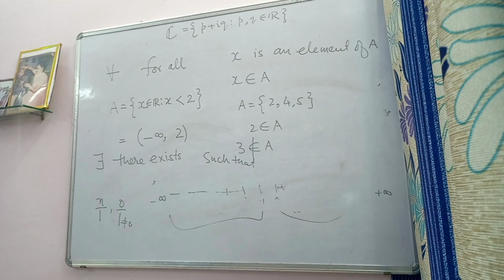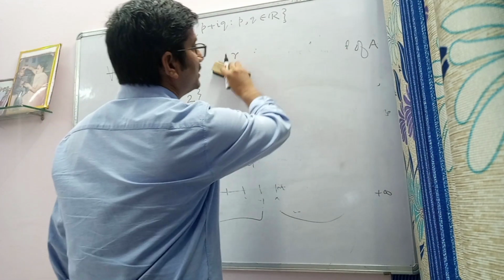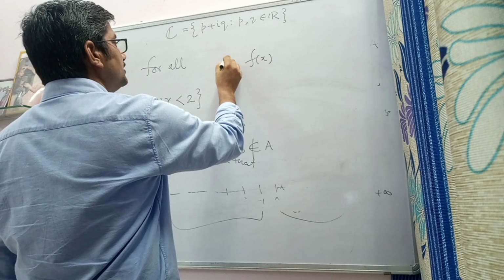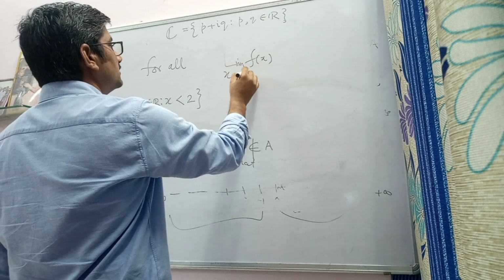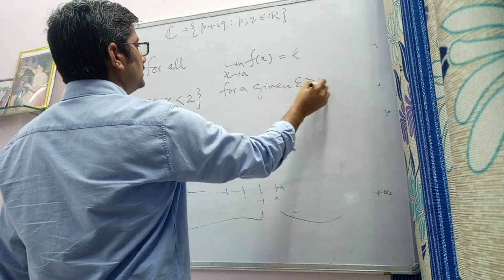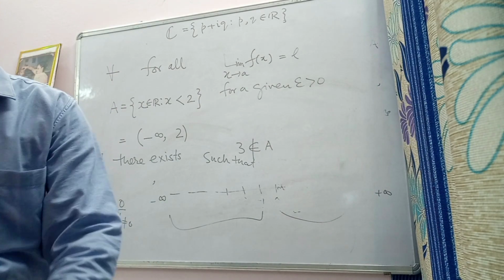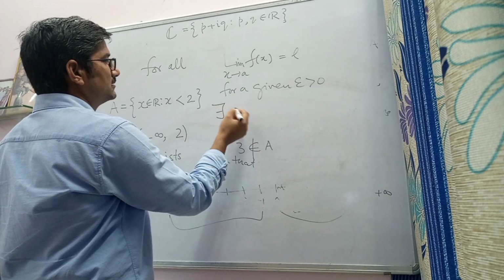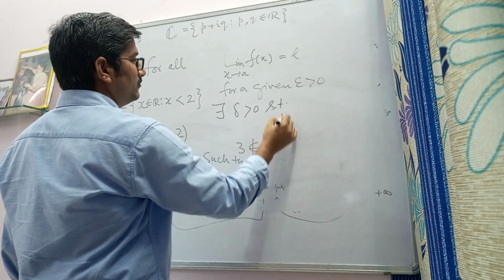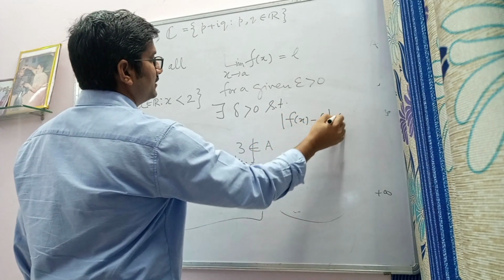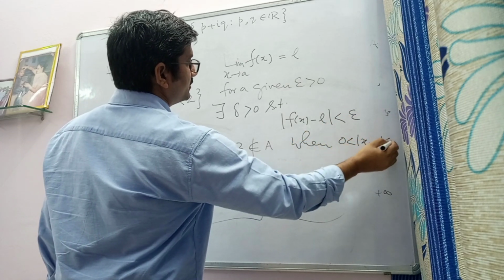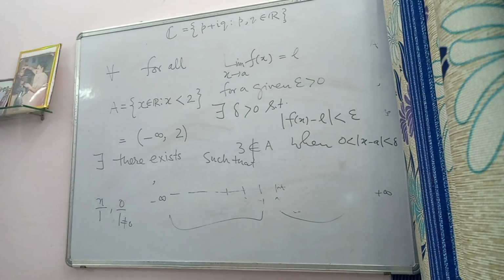If you remember the definition of the limit of a function, say the function is f(x) and its limit is L. So we write: for a given epsilon greater than 0, there exists a corresponding delta greater than 0 such that modulus f(x) minus L is less than epsilon whenever modulus x minus a lies between 0 and delta.